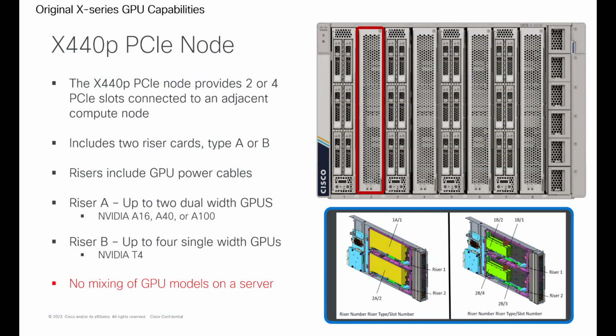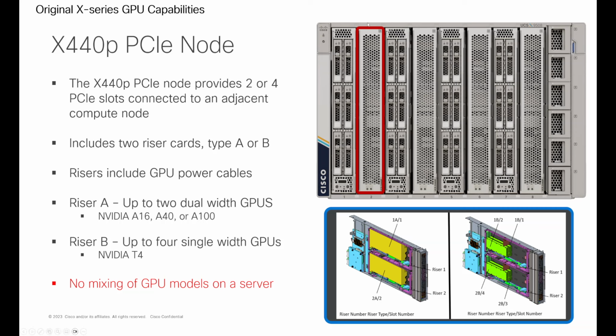So here we're showing a picture of a chassis in the upper right corner with blade servers and X440P PCIe nodes, which we can also just call GPU nodes. If you look at slot 1, which I'm showing here with my mouse, hopefully you can see me pointing that out, you will see a compute node, i.e. a server.